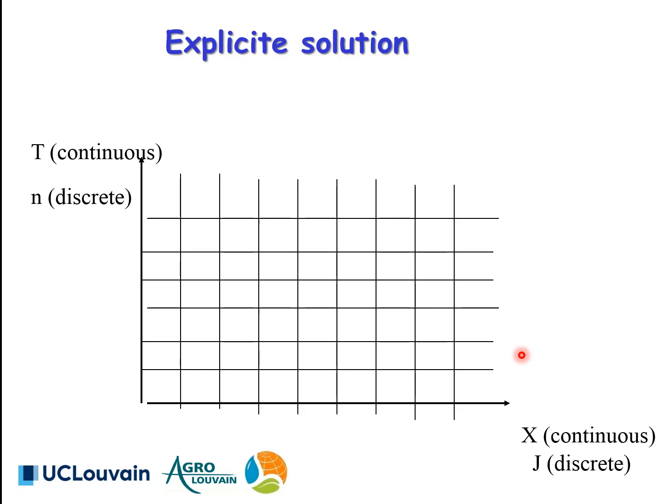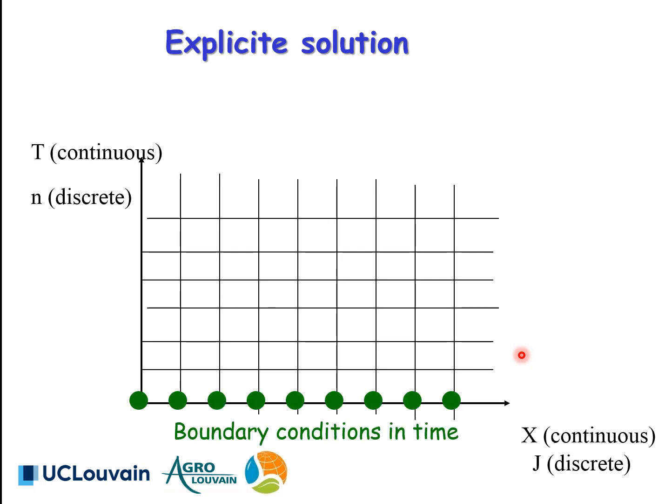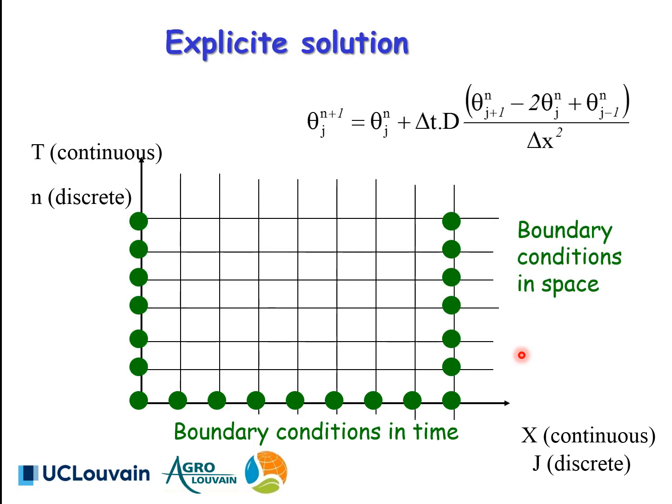We look to evaluate theta at each grid point g, n. The initial conditions and the spatial boundary conditions allow us to know the values at the limits of the considered space and time domain. Now we can implement an iterative loop and advance in time. For the first unknown node, we can calculate the n plus 1 with our updating equation, since all the theta n values are known.